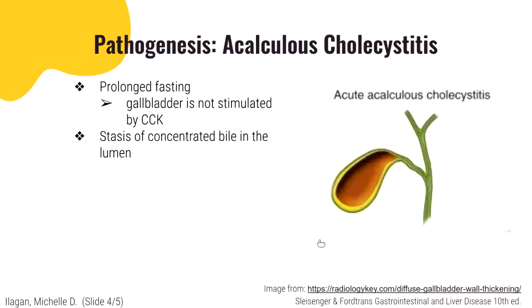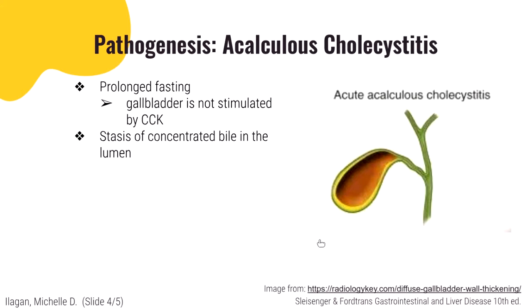For the pathogenesis of acalculous cholecystitis, most cases of acute acalculous cholecystitis occur in the setting of prolonged fasting, immobility, and hemodynamic instability. The gallbladder epithelium is exposed continuously to one of the most noxious agents in the body, a concentrated solution of bile acid detergent. In the course of a normal day, the gallbladder empties the concentrated bile several times and is replenished with dilute and presumably less noxious hepatic bile.